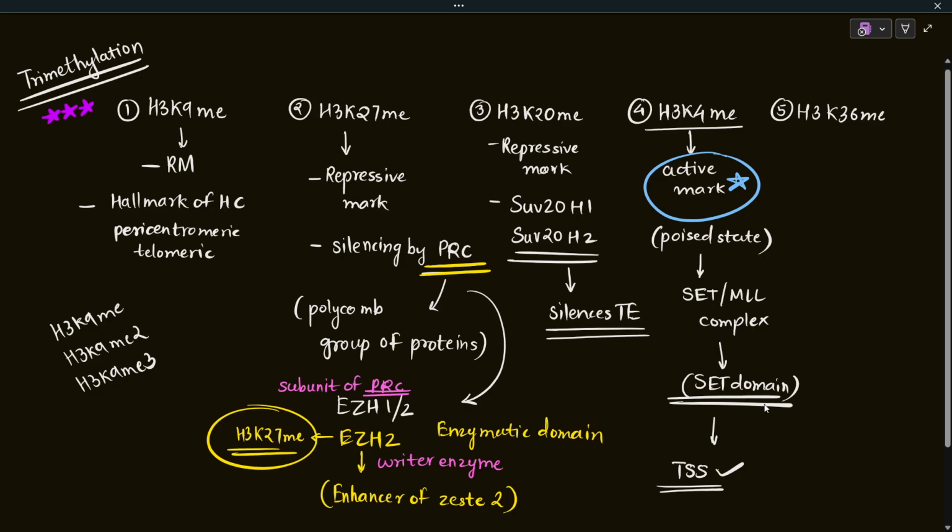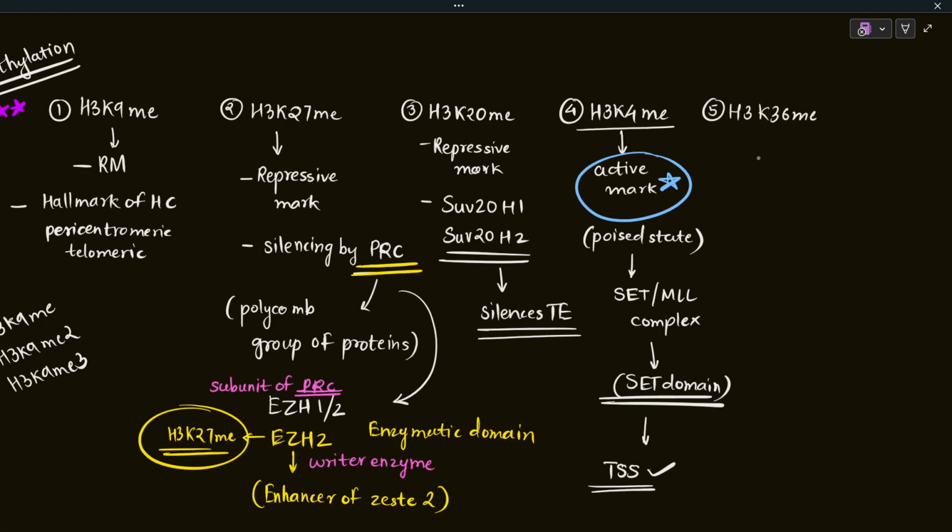Just like the H3K4 methylation, the H3K36 methylation mark is also an active mark. We are not going to go into detail for the K36 methylation mark now, but the important thing that you have to remember about this mark, the difference between both of these, is that this K36 methylation mark is a hallmark of, or is very crucial in, transcription elongation.